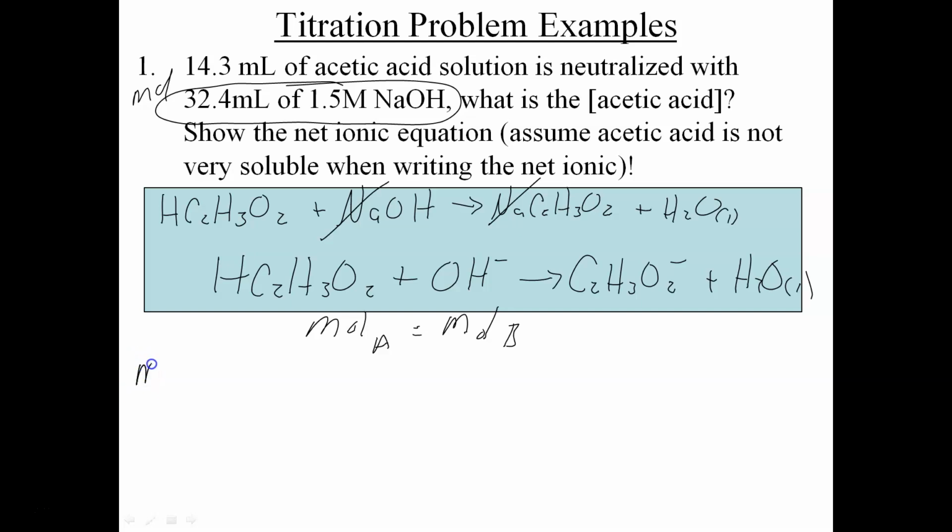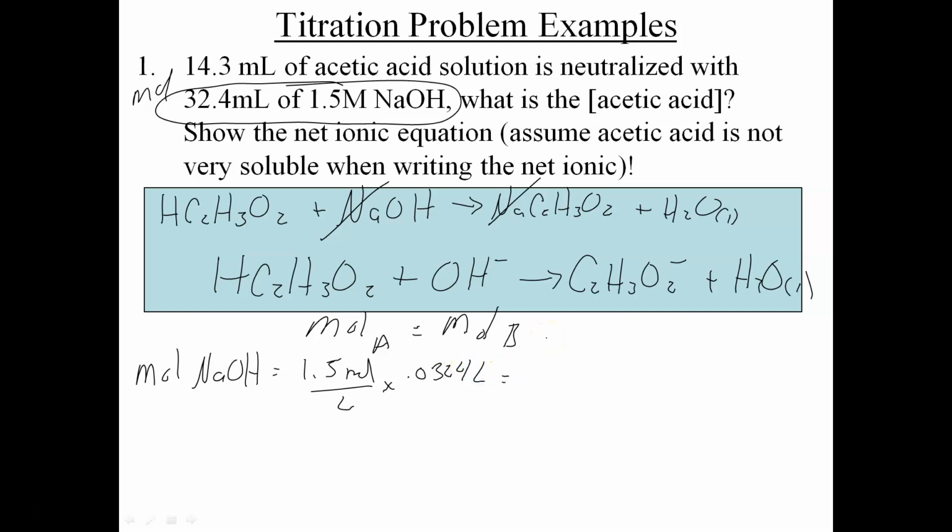So the moles of NaOH are equal to, you have 1.5 molar solution, that's 1.5 moles per liter, and we needed 32.4 milliliters, that's 0.0324 liters.